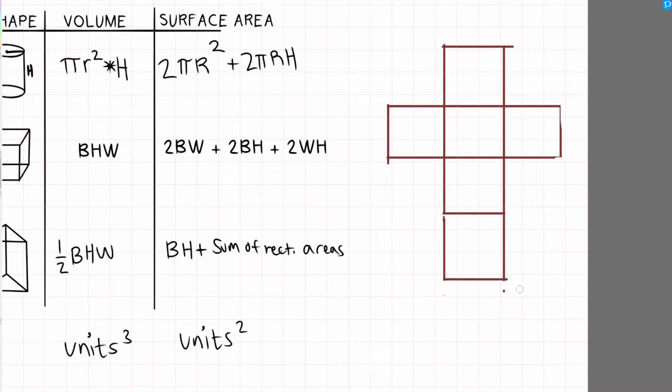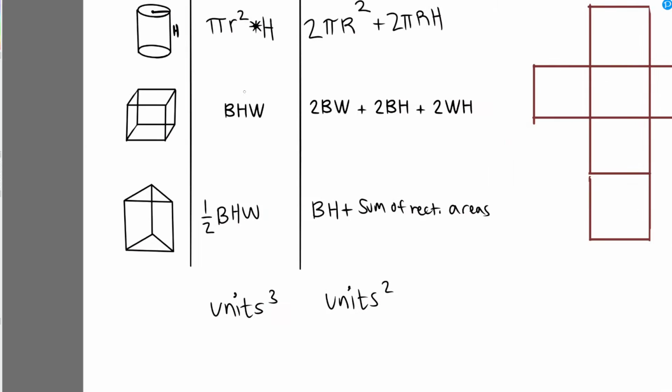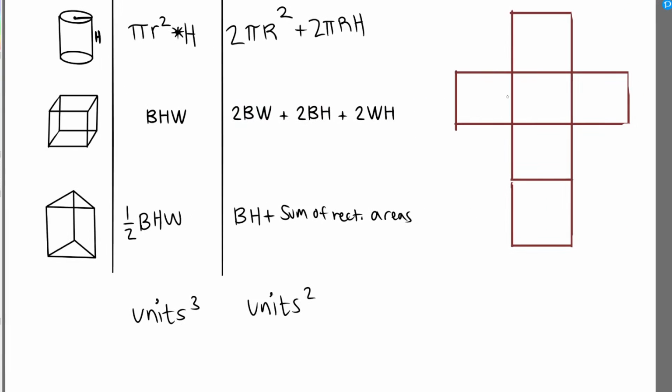There's going to be 6 different faces. And for cubes, you can just multiply one of these faces' areas by 6, because that will give you each side. But when it comes to the surface area of a rectangular prism, you're going to add these.